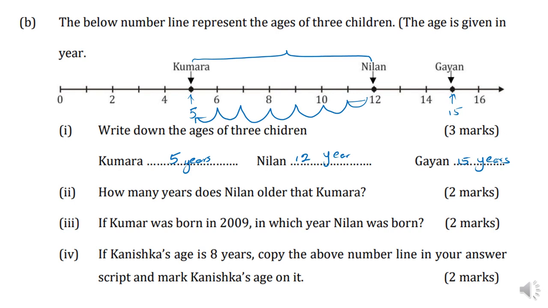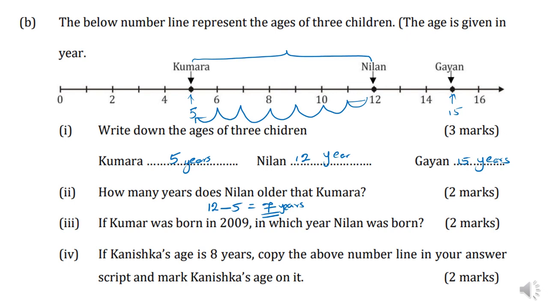So there is a 7-year gap. You can obtain that by subtraction also, 12 minus 5. Then it is also going to be 7 years, right? So you have to write 7 years.